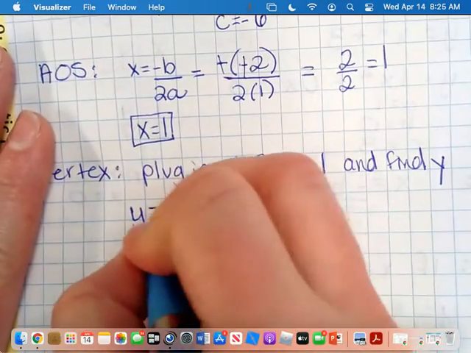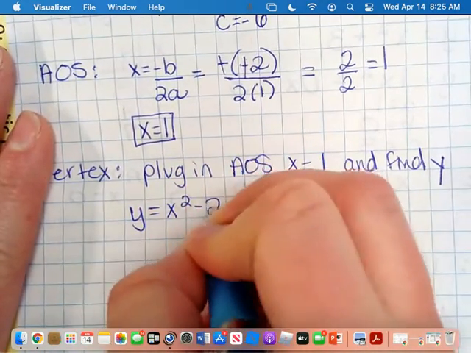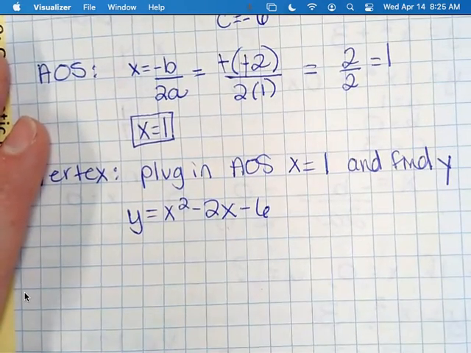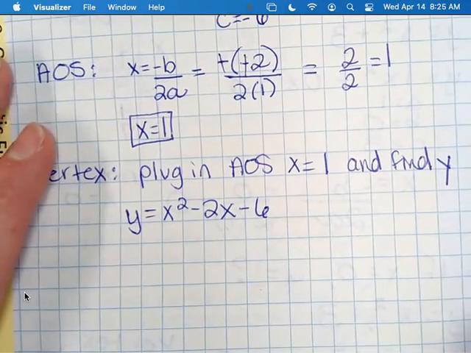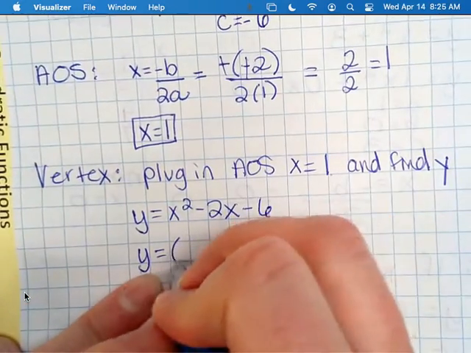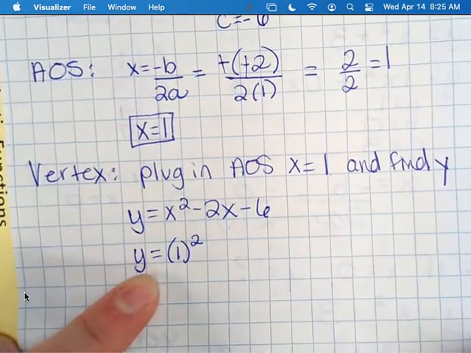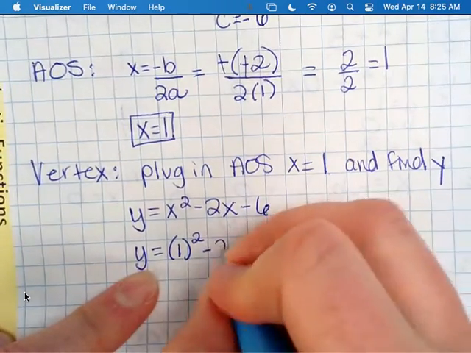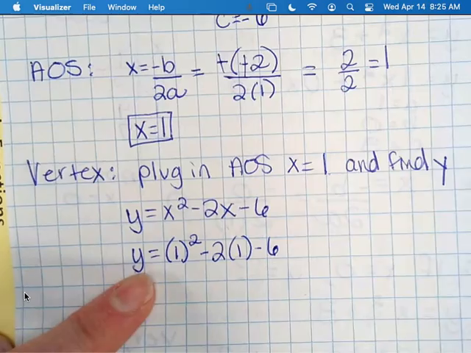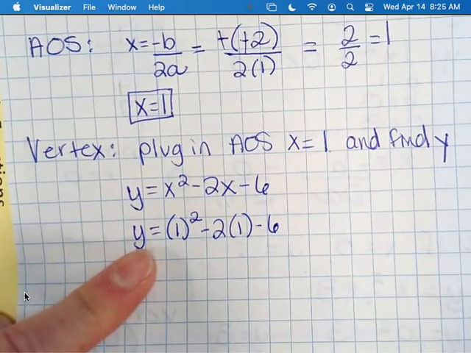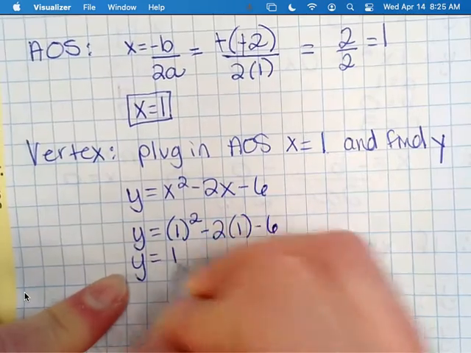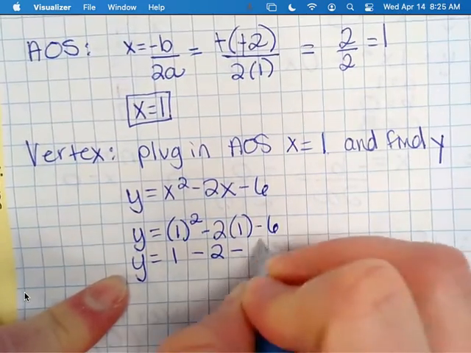Our original function is Y equals X squared minus 2X minus 6. So Y equals, X is 1, so 1 squared, keep it in parentheses, minus 2 times 1, minus 6. So Y equals 1 minus 2 minus 6.